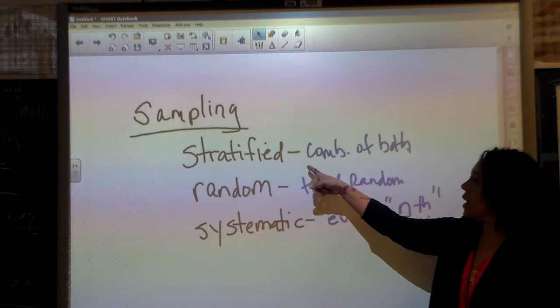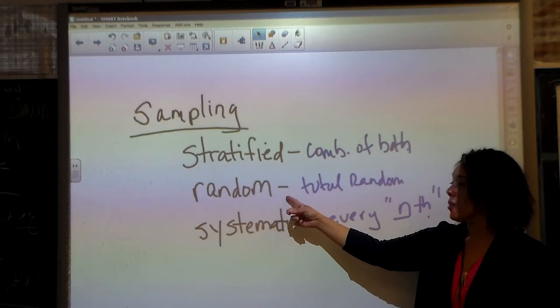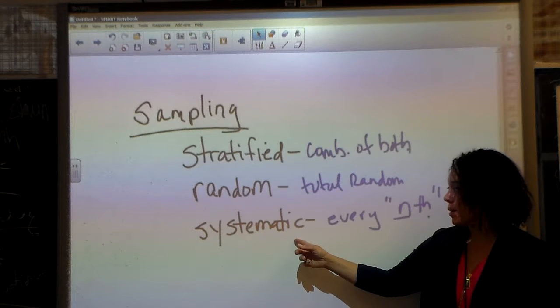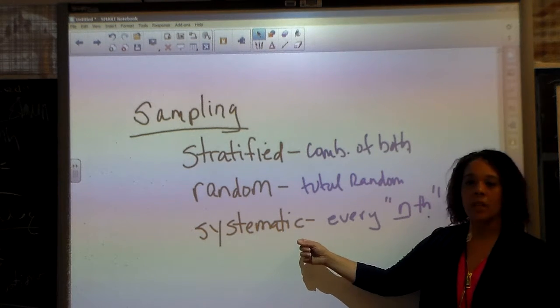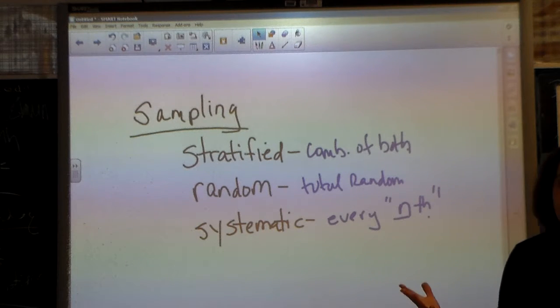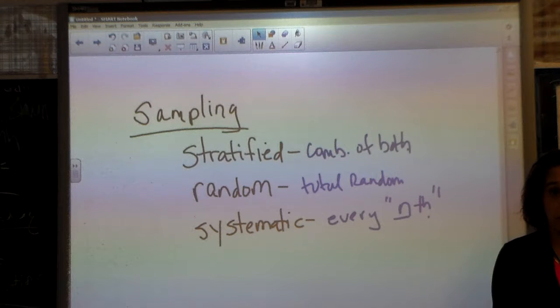Was that stratified? Was that random? Or was that systematic? My bad. Say that again. So I want to do a survey of kids in school. Do they want waffles or pancakes? Because I'm going to have a breakfast.